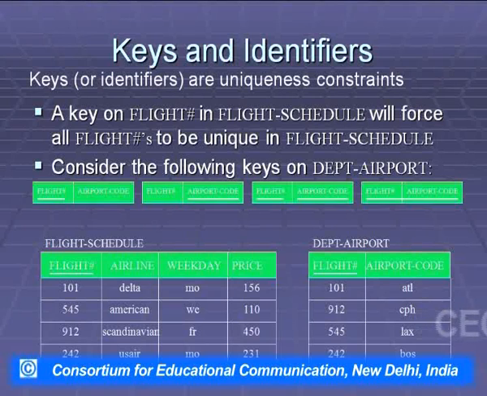Another important thing is keys and identifiers. Keys or identifiers are uniqueness constraints. A key on a flight in a flight schedule will force our flight to be unique in the flight schedule. As we have discussed earlier, in a table some unique keys are going to be there.